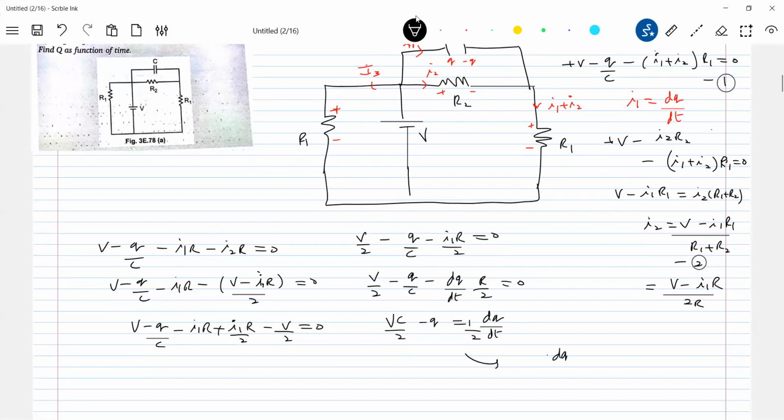RC by 2 will come. Okay, dq over (Vc by 2 minus q) equal to dt by (Rc by 2). At t equal to 0, there is no initial charge. Integrating will get the required answer for charge at any time t.